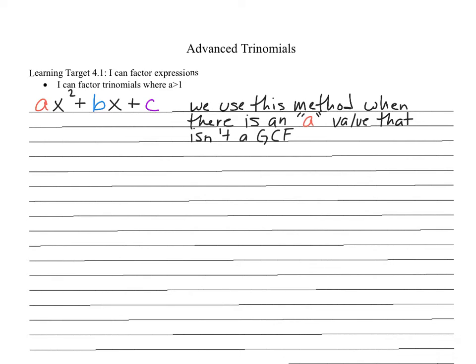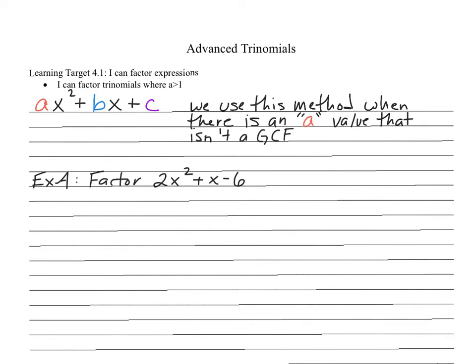All right, so we're going to factor example A. We're going to factor 2x squared plus x minus 6. What I like to do until I get really used to this method is identify my a, my b, and my c.